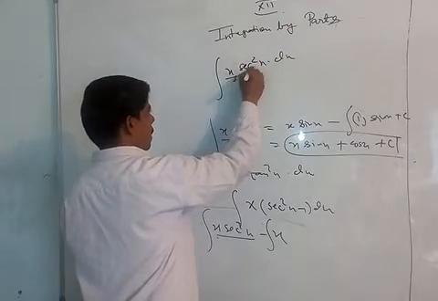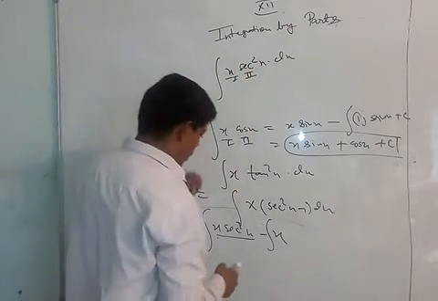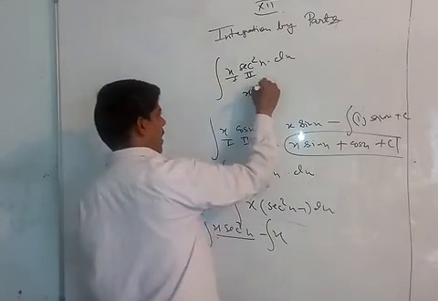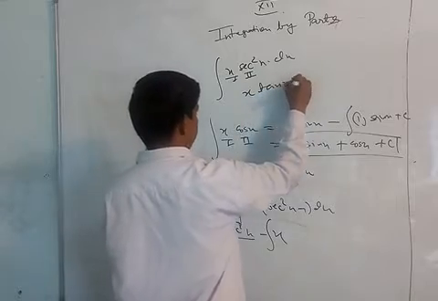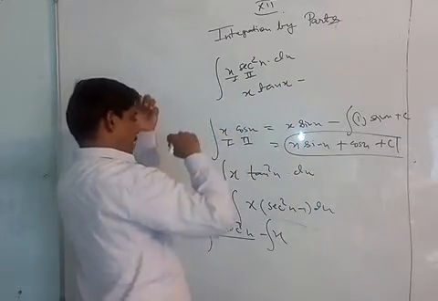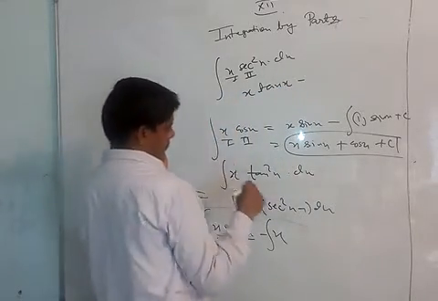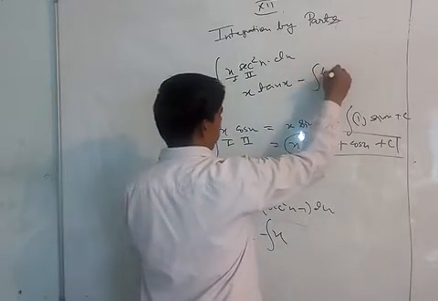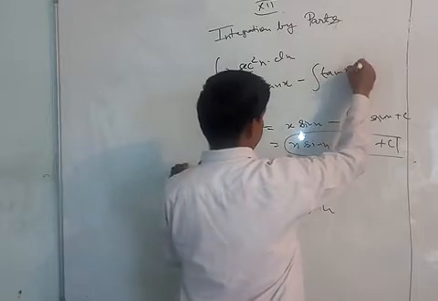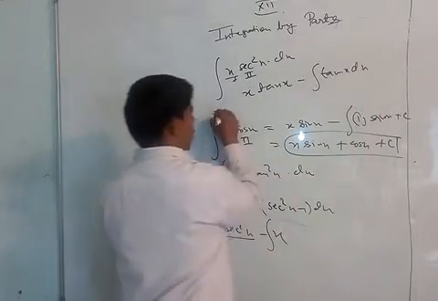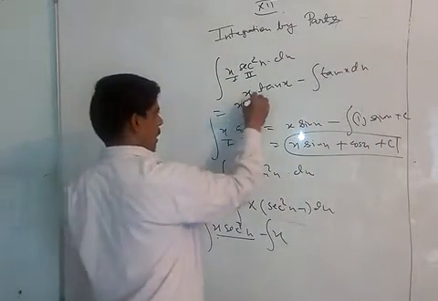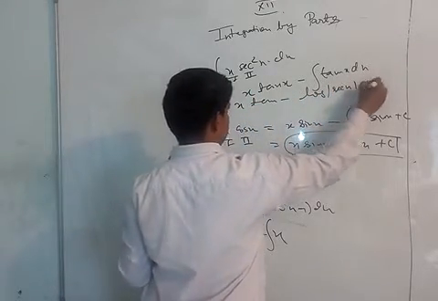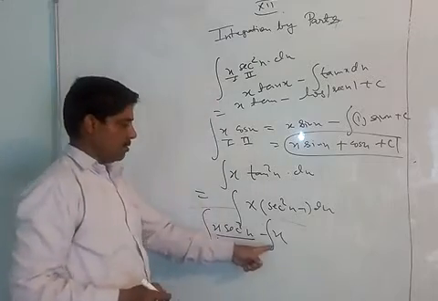First function into second function. What is that? First function x, the integration of secant square x is tan x, right? Minus derivative of first function, 1, and this is tan x, dx, and done. Now what is the integration of tan x? x tan x minus log secant x plus c, and there is the integration of x also.